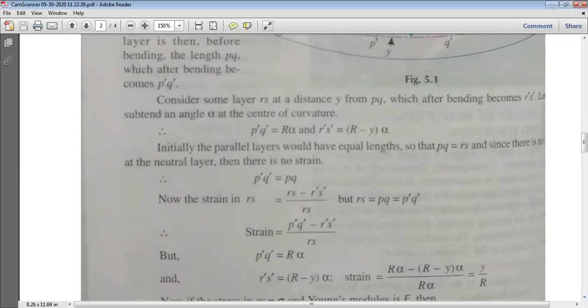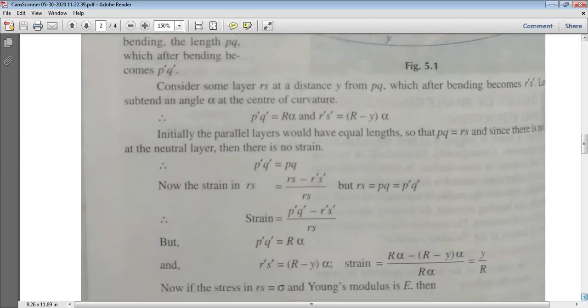Substituting this value, P'Q' will be R alpha minus (R minus Y) alpha. Substituting these values, we have strain equal to Y by R. Taking out alpha and cancelling it out, this way we'll find Y by R, where Y is the distance of the element from the neutral axis and R is the radius of curvature of the neutral axis.